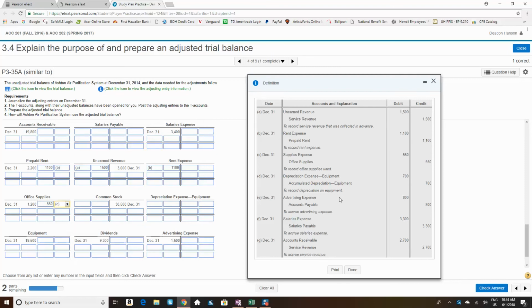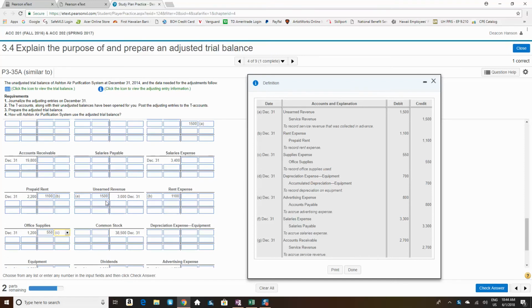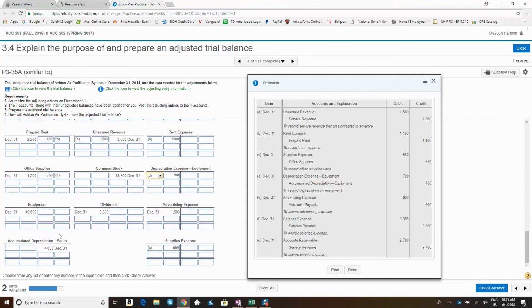Okay, entry D. Depreciation expense of 700, that's a debit. And accumulated depreciation gets credited by 700, entry D, and that's a credit.